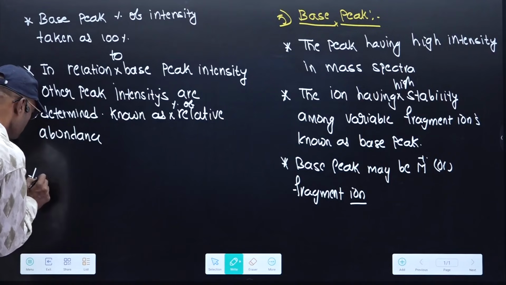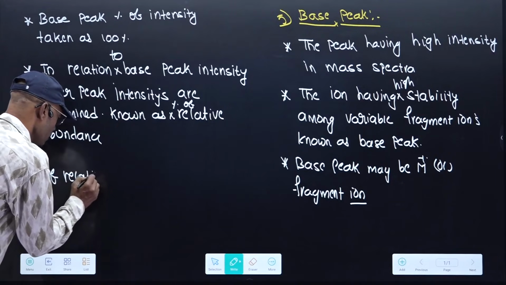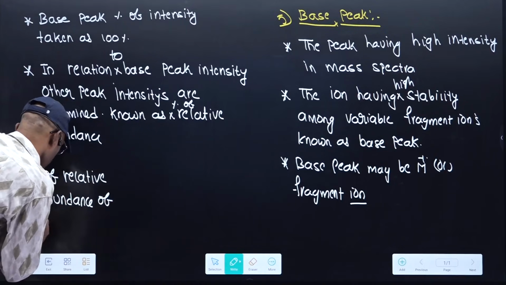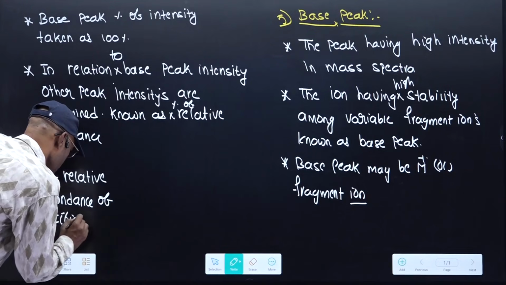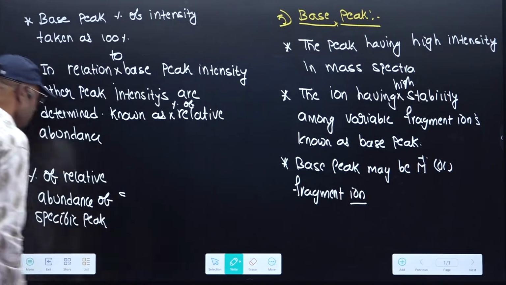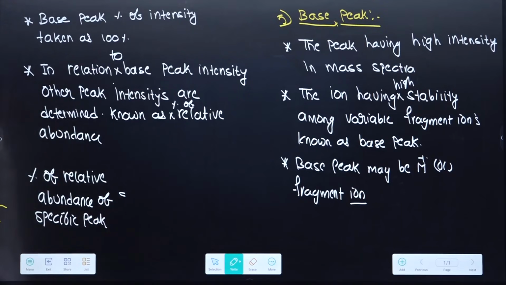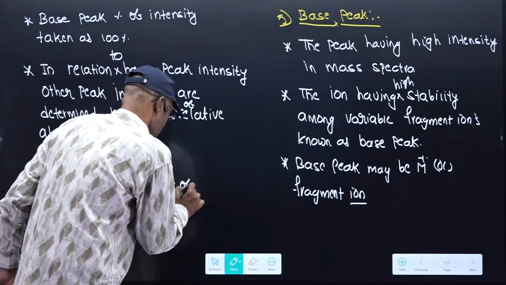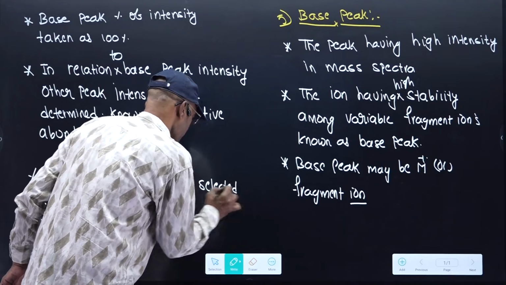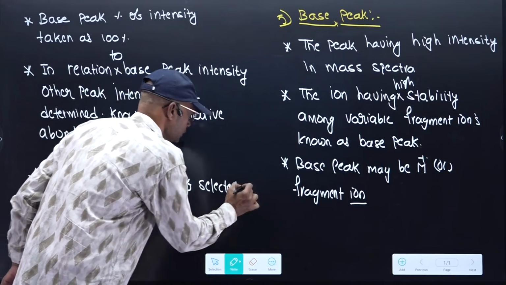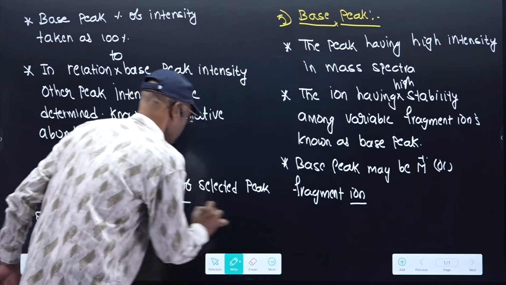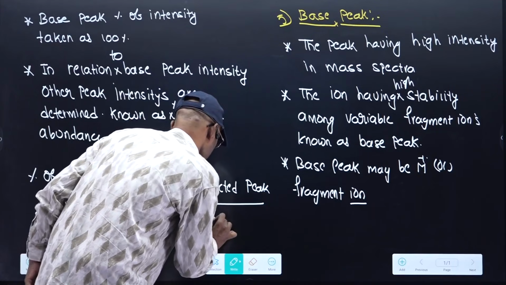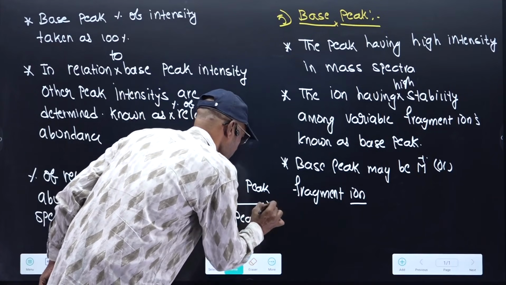So one formula is there. Percentage of relative abundance of a specific peak is equal to the height of the selected peak divided by the height of the base peak, multiplied by 100.